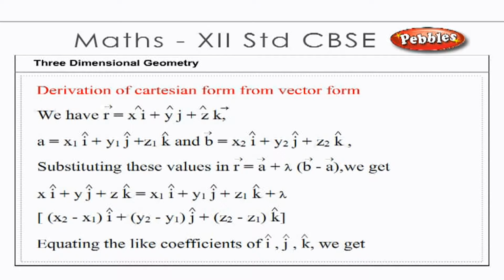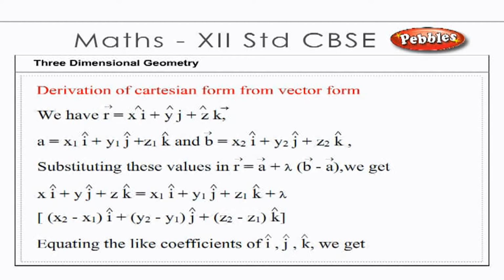Derivation of Cartesian form from vector form. We have r vector is equal to x i cap plus y j cap plus z k cap, a vector is equal to x1 i cap plus y1 j cap plus z1 k cap and b vector is equal to x2 i cap plus y2 j cap plus z2 k cap.